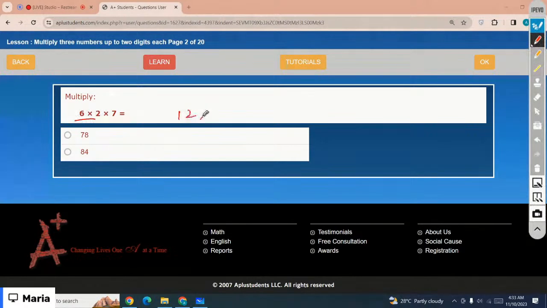So 12 times 7 is 84. Option number 2 is the correct option. Got it?